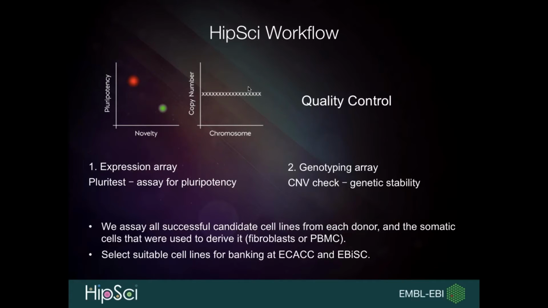So we run these assays on all successful candidate cell lines from each donor, and also on the somatic cells that we use to derive it, the fibroblasts or the PBMC. From this data, we then select suitable cell lines for banking at ECACC and EBiSC, two different cell banks.